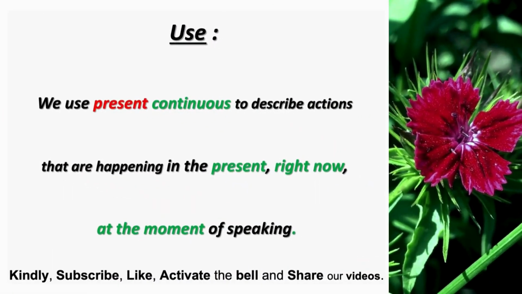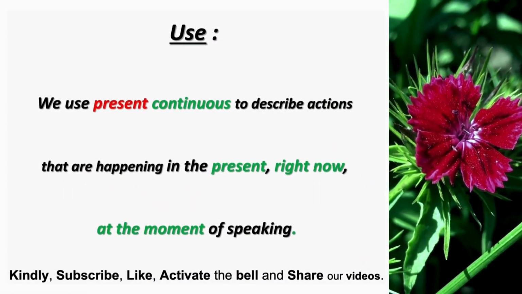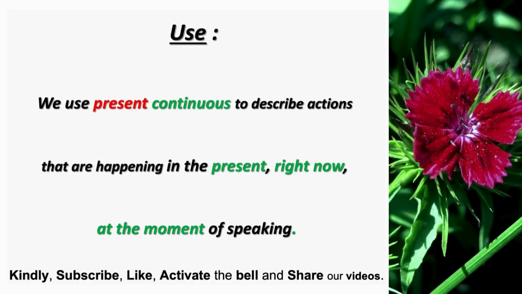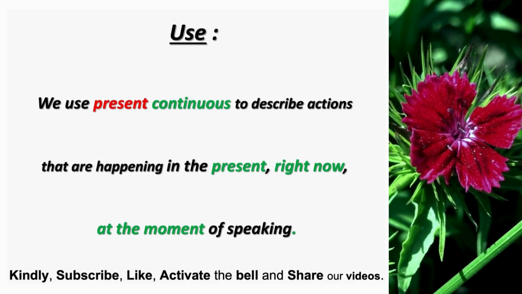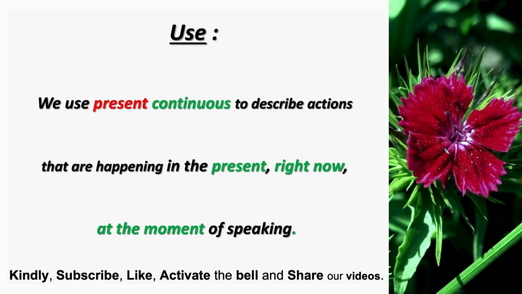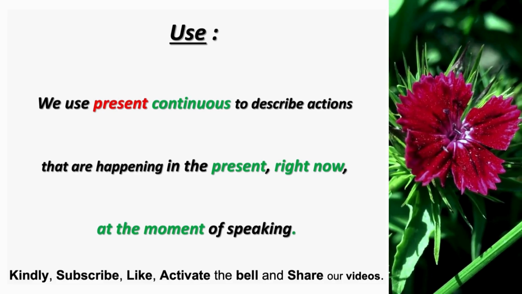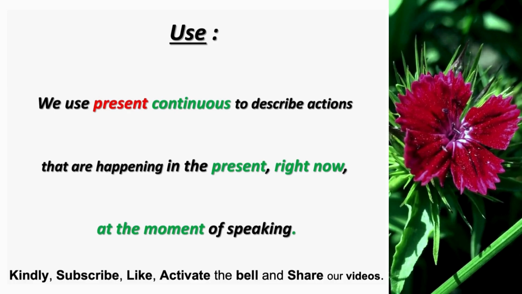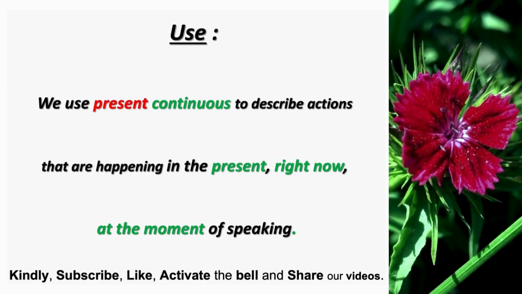We are going to speak about present continuous. We use present continuous to describe actions or verbs that are happening in the present, right now, at the moment of speaking. So I'm going to explain this when we give examples.